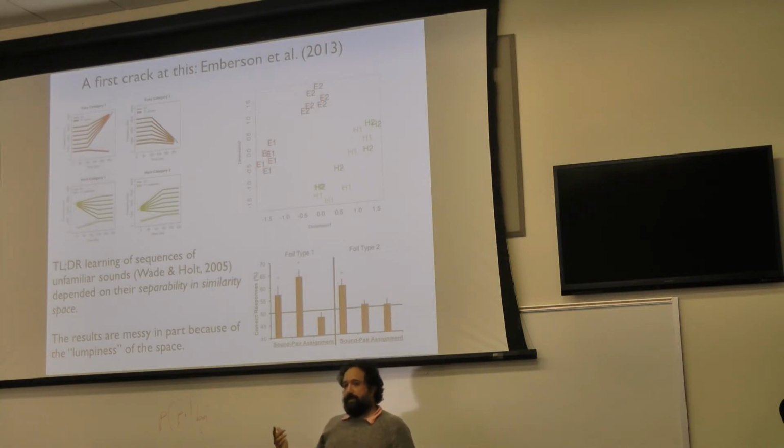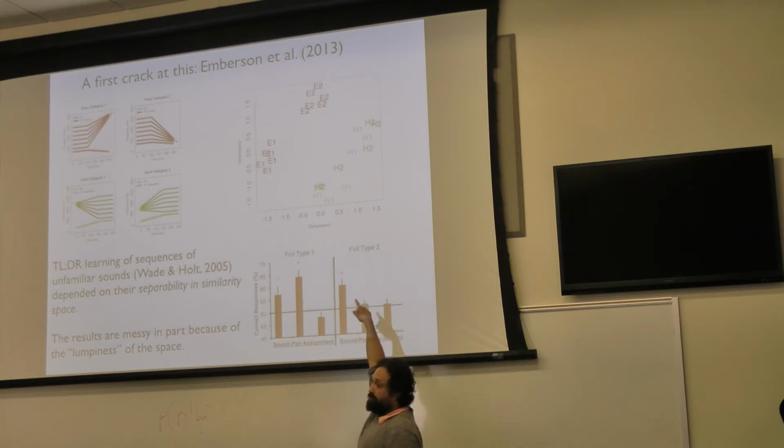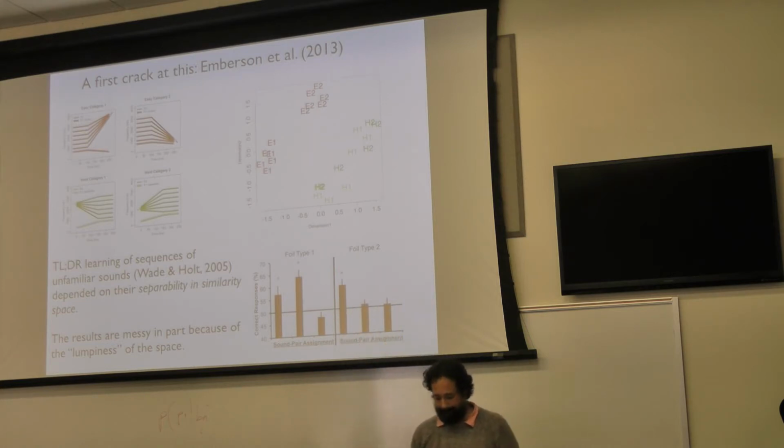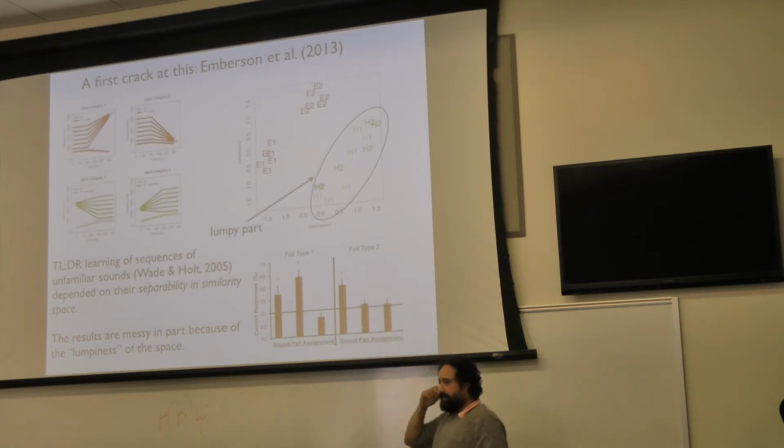And even though we defined the experimental manipulation over these four categories, people behaved as if there were only three categories of stimuli. Right? I don't want to rehearse all of the tests that we did to demonstrate this, but they would learn as if there were only three categories of stimuli. A lot of that has to do with the lumpiness of this H1, H2 part of the similarity space.